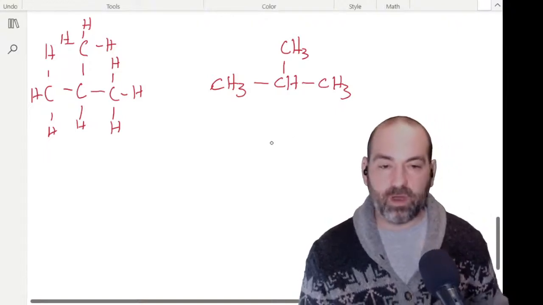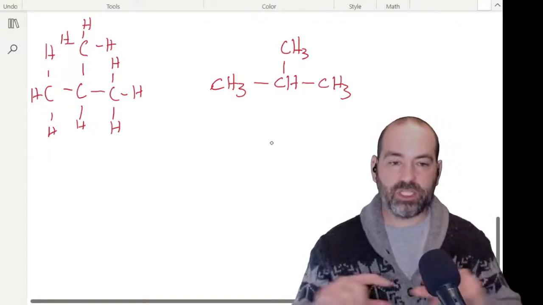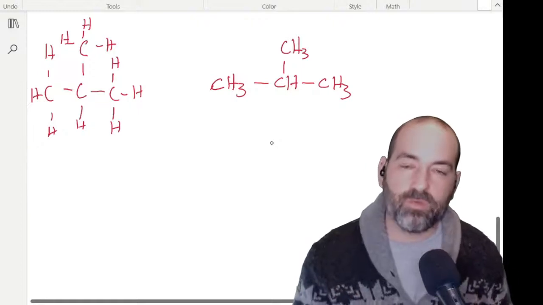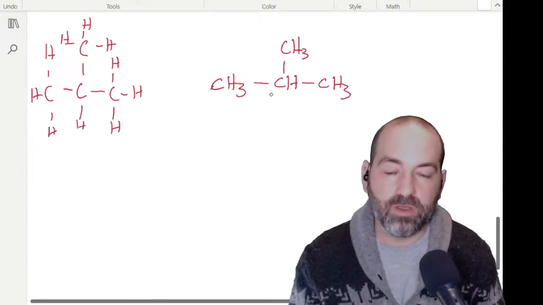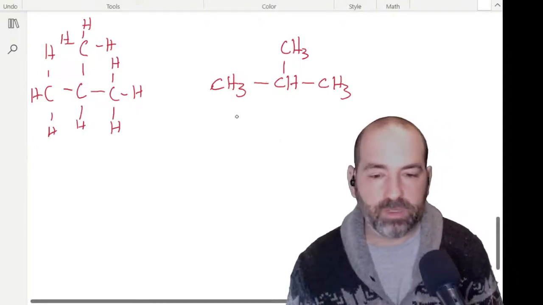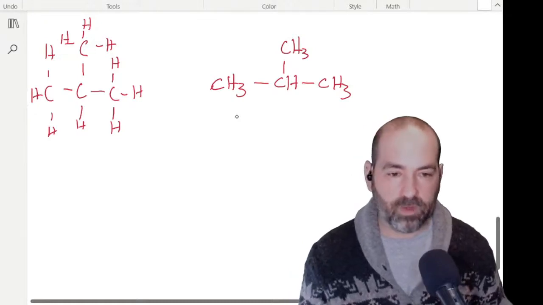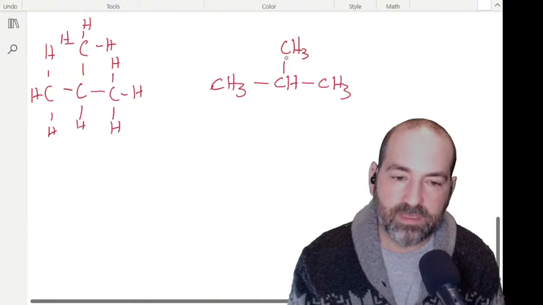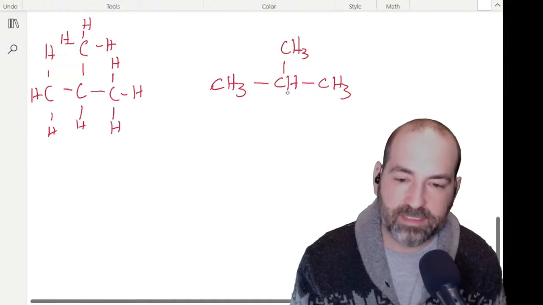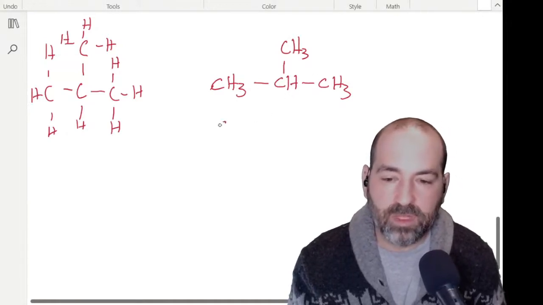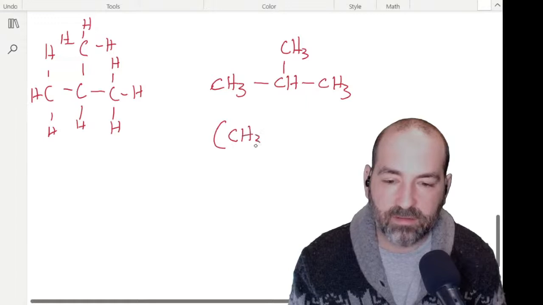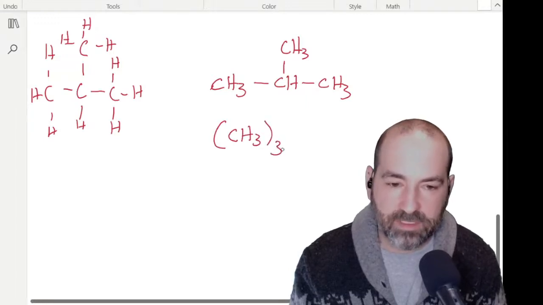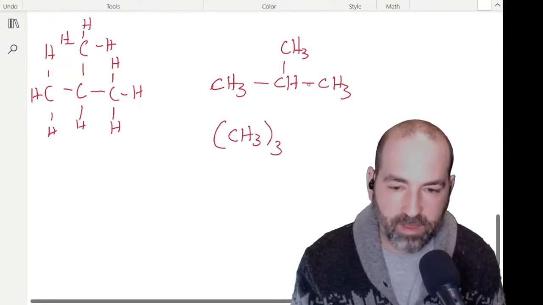But if you wanted to express the structure in just one line, there's a couple ways we could do that. We could do it with parentheses. We can use parentheses to indicate more than one group connected to something. In this case, we've got 3 CH3s all connected to that central CH, so we could draw this as CH(CH3)3.